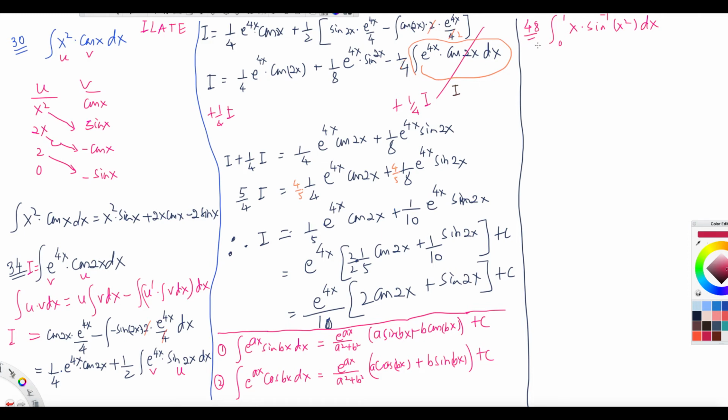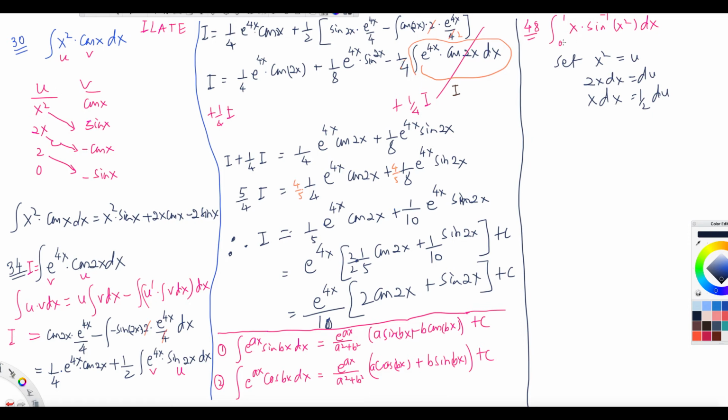For here, you can do the u substitution first. What is the u substitution? You should set x squared equals u. Then what do you get? You get 2x dx will be du. So x dx will be 1/2 du, right? And do you want to change the limit?